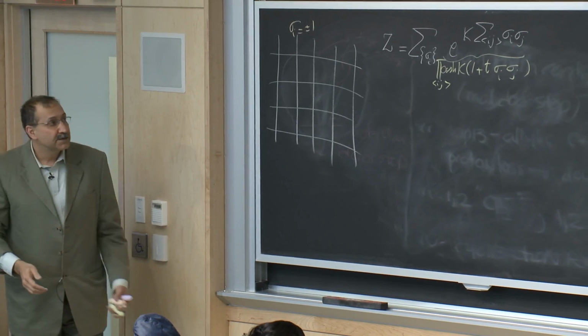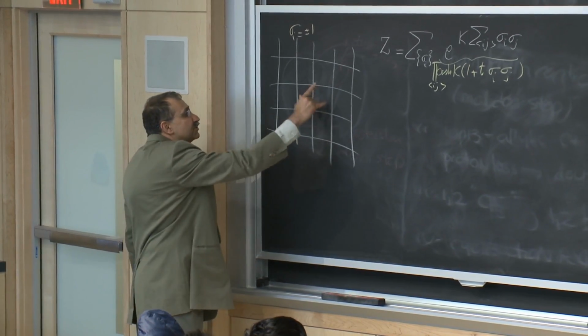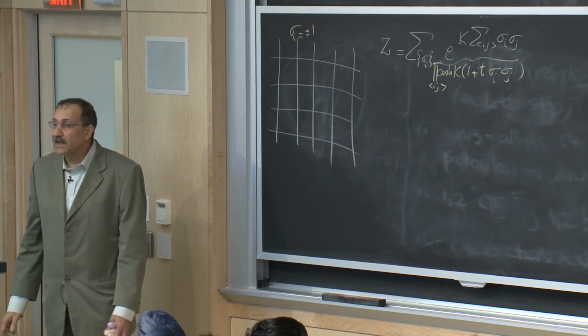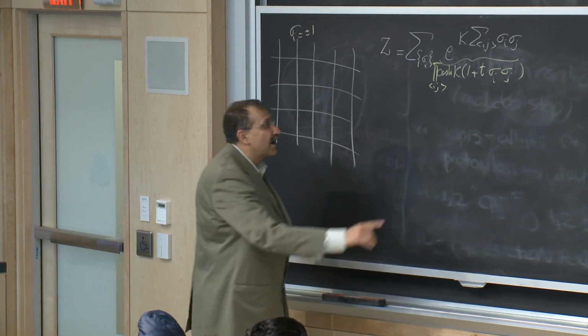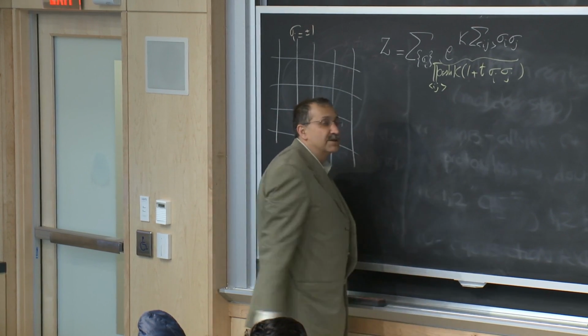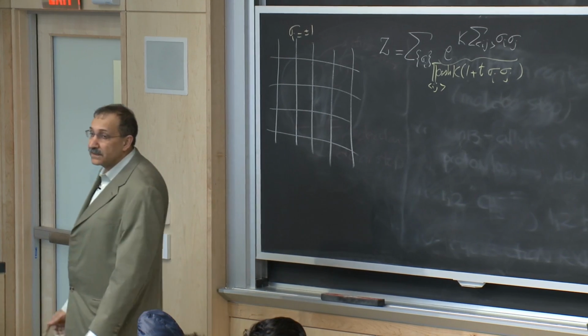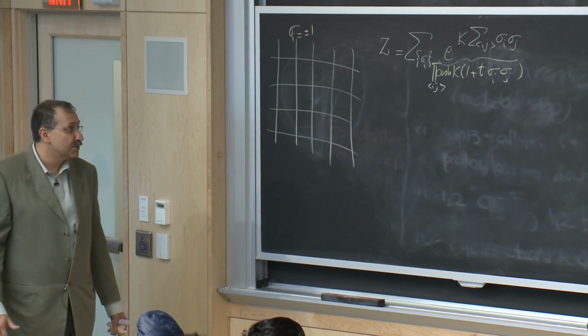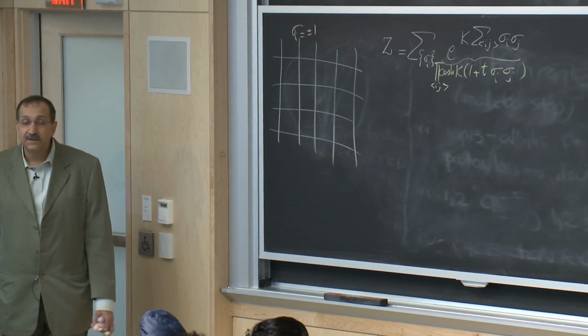Essentially to each bond on this lattice, I would have to either assign 1 or t sigma_i sigma_j. Binary choice, now moved to bonds.